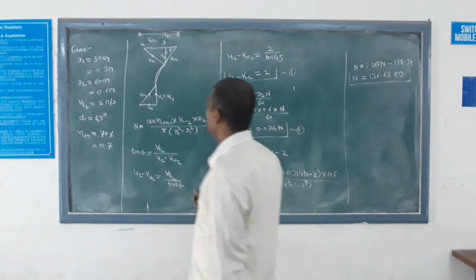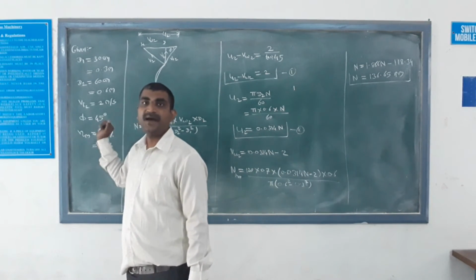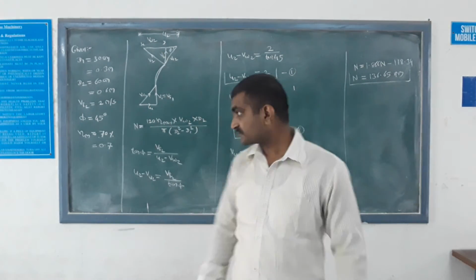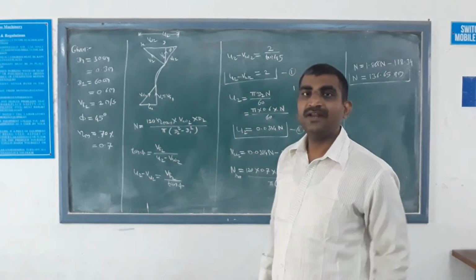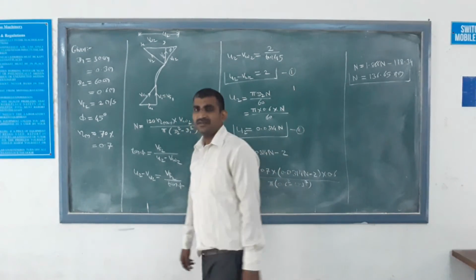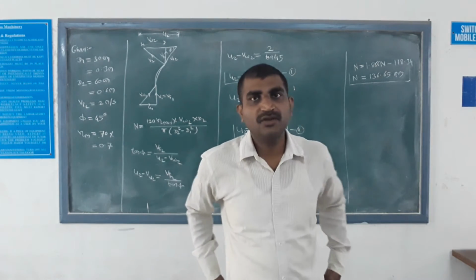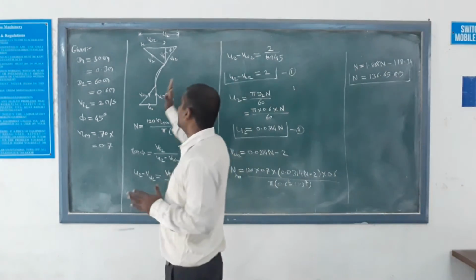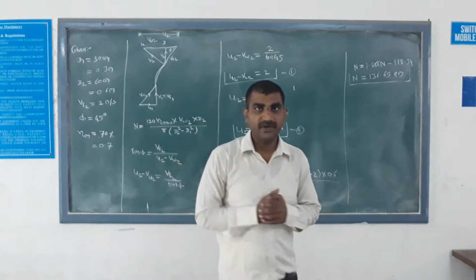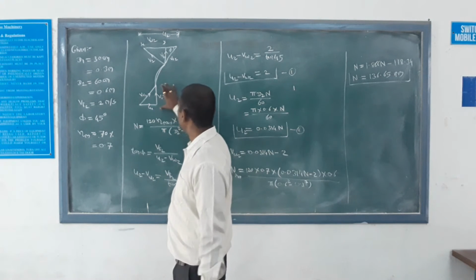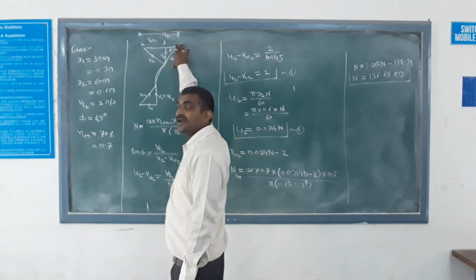After that, we are given the vane set angle phi at outlet, which is 45 degrees, and the manometric efficiency equal to 70%. So from this data, firstly we know this problem is on centrifugal pump. So first we draw the inlet and outlet triangle of the centrifugal pump. This is your inlet triangle. This is the outlet triangle.